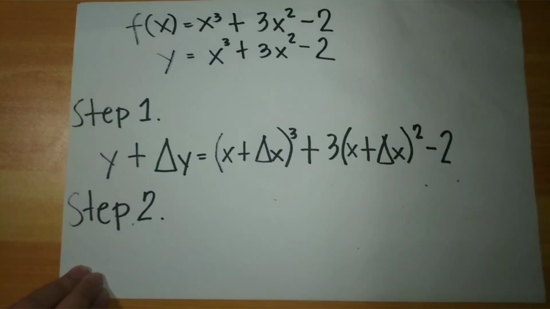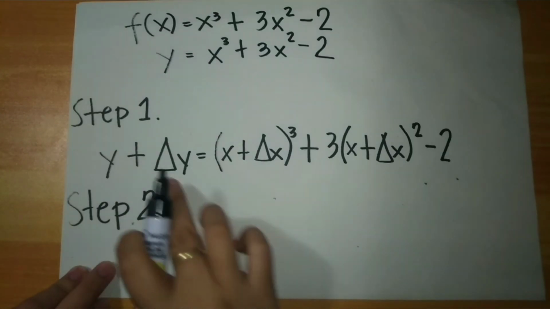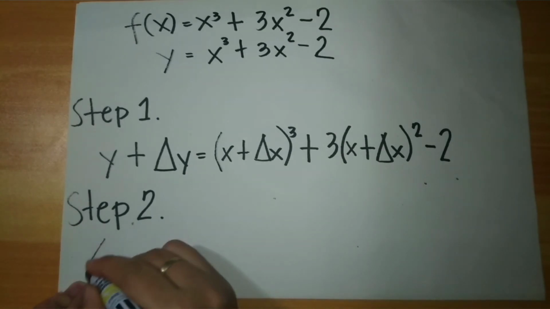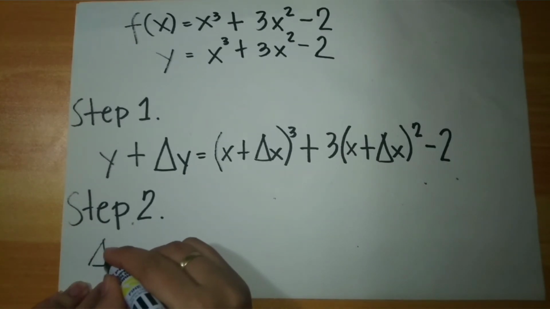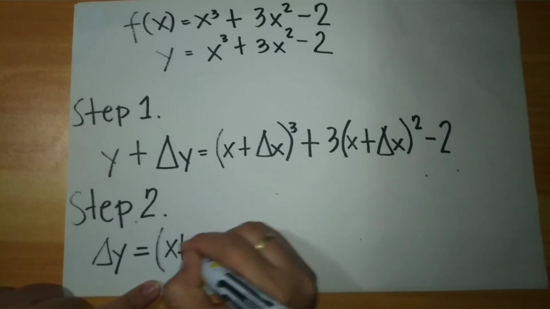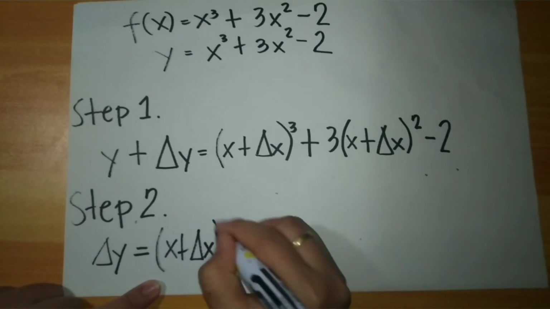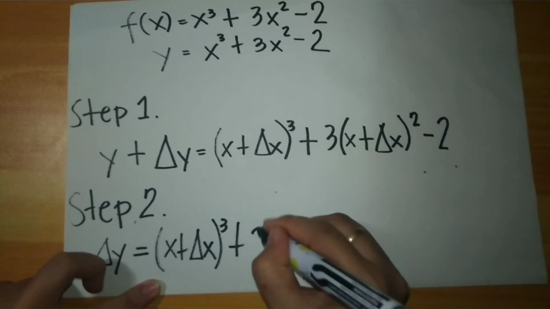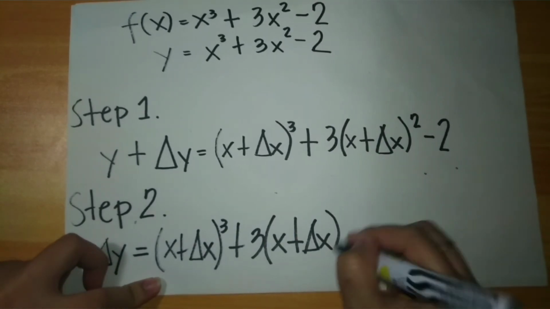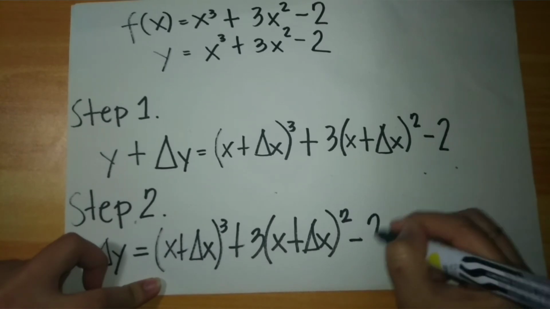Step 2: to eliminate the y, we will transfer it to the right side. So delta y will remain equal to (x plus delta x) cubed plus 3 times (x plus delta x) squared minus 2.